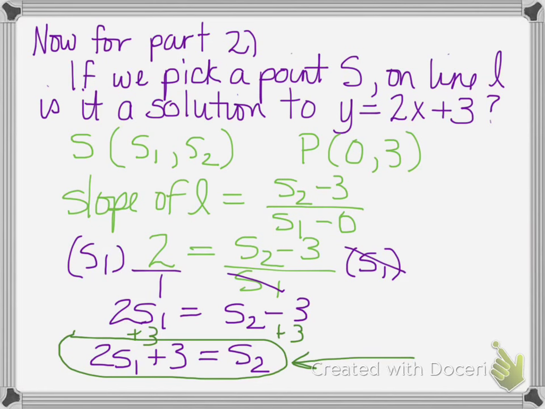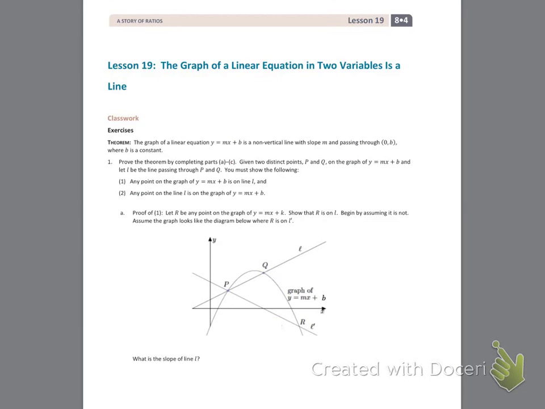So exercise 1 is going to walk us through a proof, a general proof, using the exact same technique. So you do have this in your notes, so we can read it together.